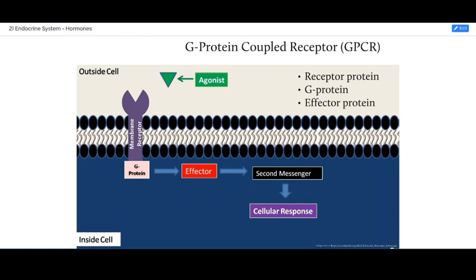Now, the receptor is referred to as a G protein-coupled receptor, or GPCR as the abbreviation. And again, it's not strictly for hormones. It's used in the nervous system as well.